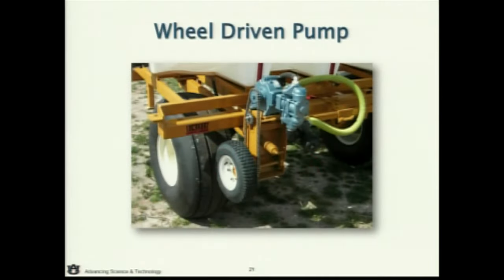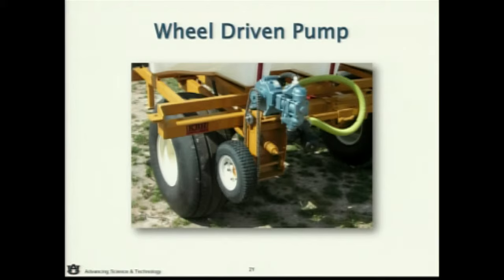Finally, we'll talk a little bit about a nitrogen side dress unit, very popular because nitrogen, especially in corn, starts to make sense that you could see some benefits to that. Here's the John Blue piston pump. You've probably seen this, Mark, a lot of times. It's basically a wheel driven or ground driven pump.